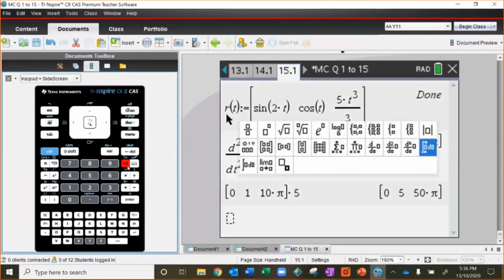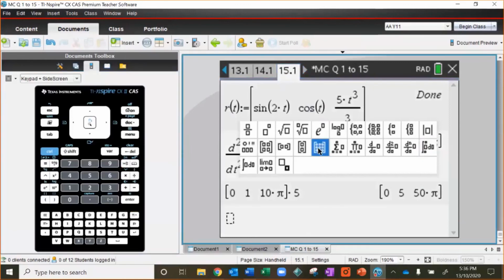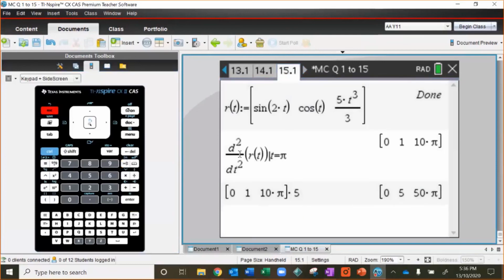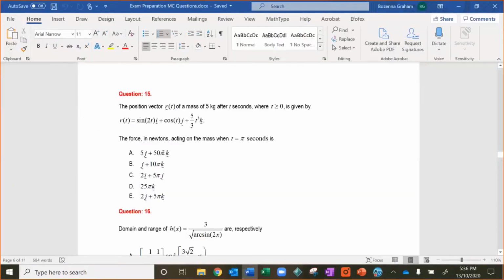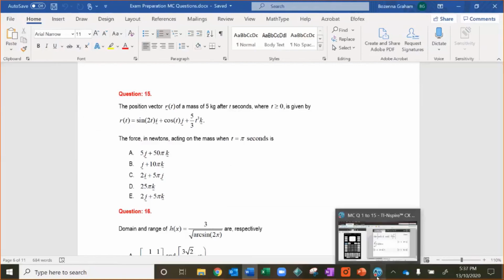We are using the matrix entry here, with 1 row and 3 columns, and the calculator remembers that. Now we can find the second derivative at t equals pi, which gives us the acceleration. If we multiply it by the mass, we get the force. Looking at our solutions, it's answer A for this question, 5j plus 50 pi k.